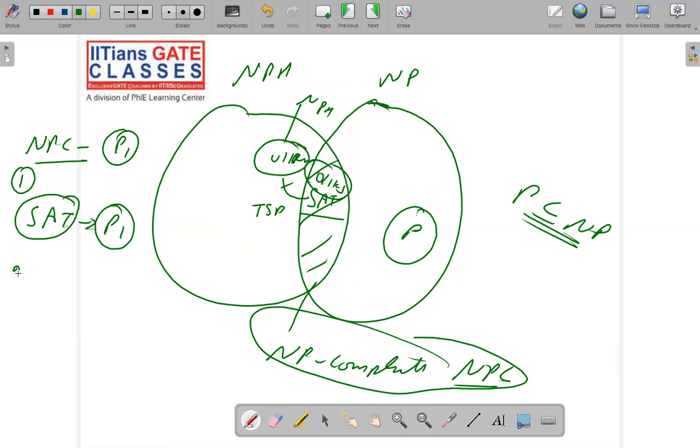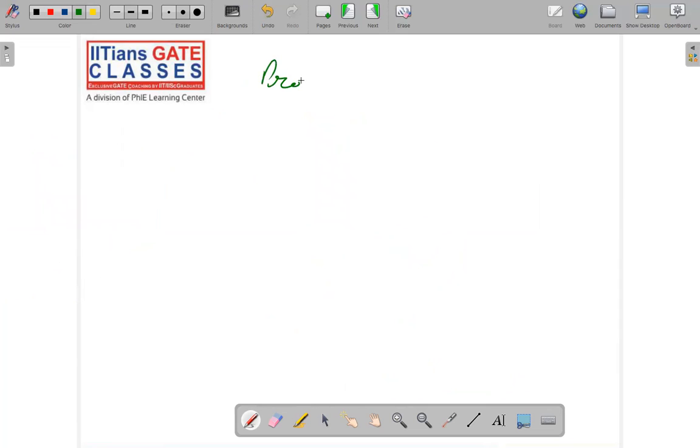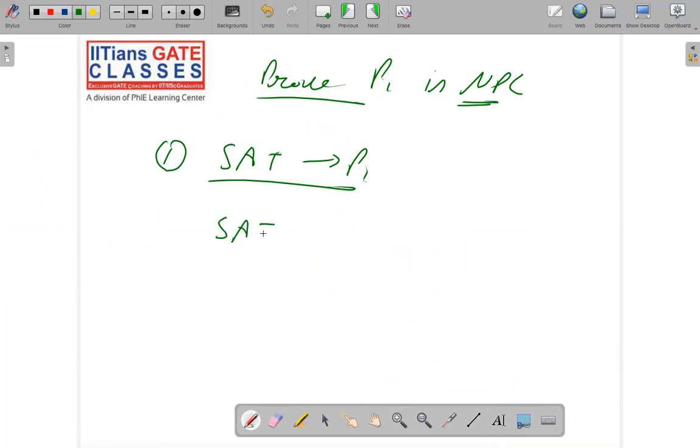Or you can reduce SAT into some other problem P2, and reduce P2 into P1. You can make a chain of it, like reducing P2 to P3 and P3 to P1. The second step is you need to prove that P1 is NP.